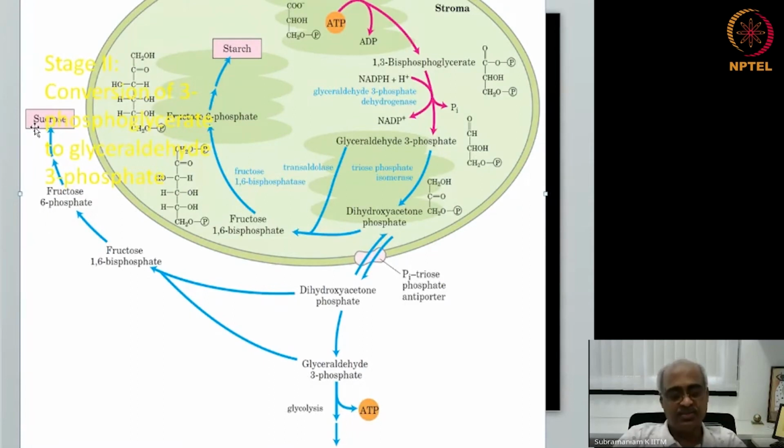And this sucrose is the form in which carbohydrate is transported in plants from the photosynthetic organs such as leaves to other parts of the plant body. So the transport form of carbohydrate is sucrose. That is why the stem saps are sweet.